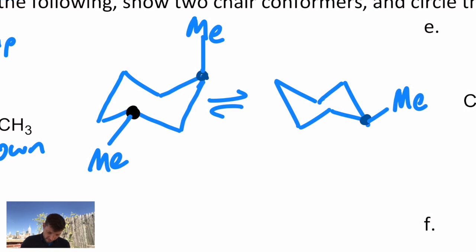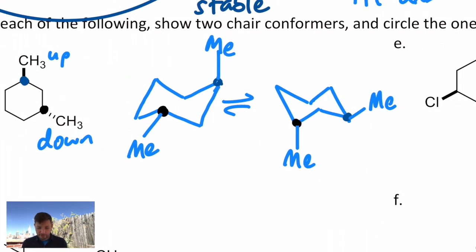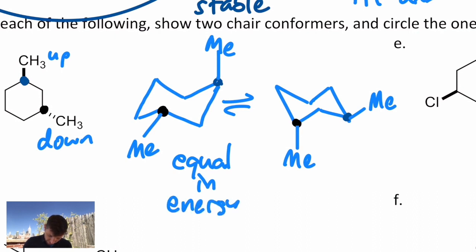And then this carbon will, relative to that, be over here. My down equatorial methyl is now going to be down and axial. And lastly, which of these is preferred? Well, we have 1 axial methyl and 1 equatorial methyl in each one, so they're actually equal in energy. Neither of them is more stable than the other.